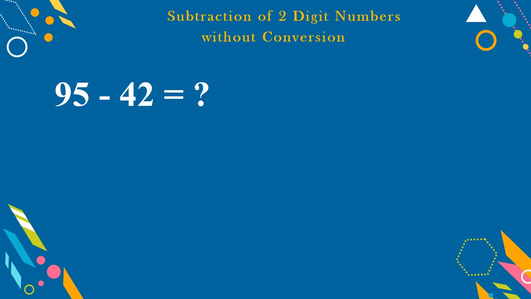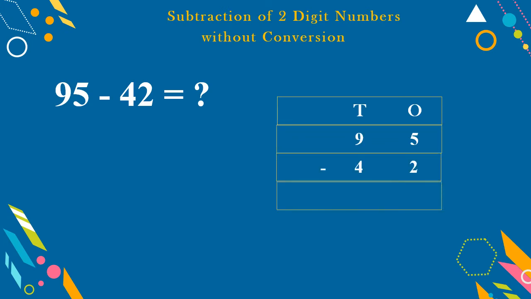Subtraction of two-digit numbers without conversion, 95 minus 42. First, we will write the question in vertical form. Be careful while writing the numbers. 95 should be written on the top and 42 in the bottom. Now we start subtraction from ones column.